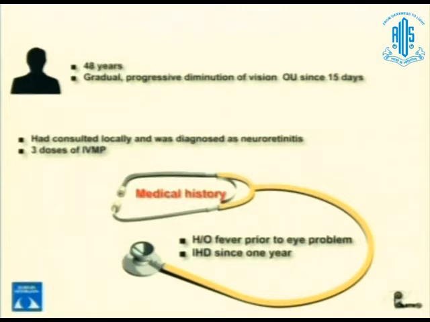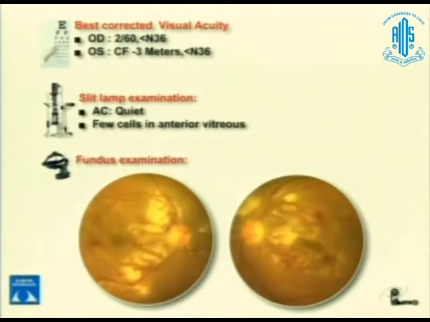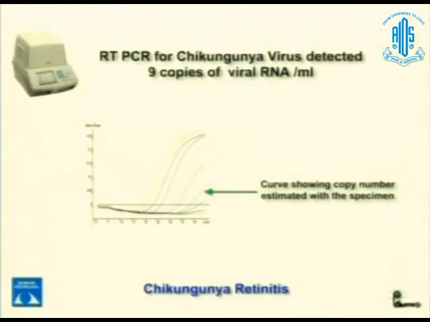See, this is a patient who presented with this atypical retinitis. He gave us the history of some kind of viral fever, following which he had developed this kind of diminution of vision. So we took this aqueous aspirate and sent for real-time polymerase chain reaction.